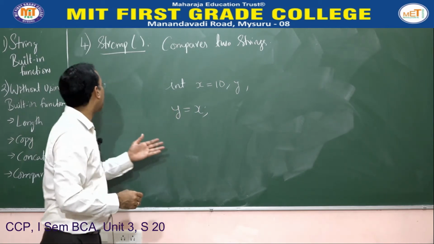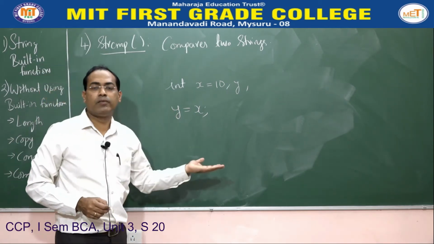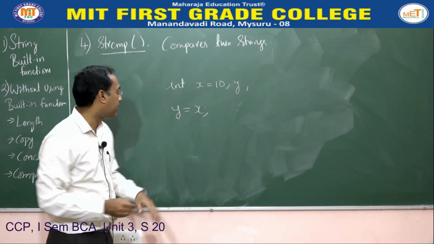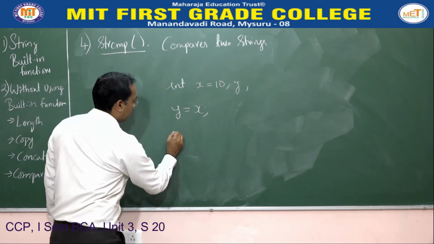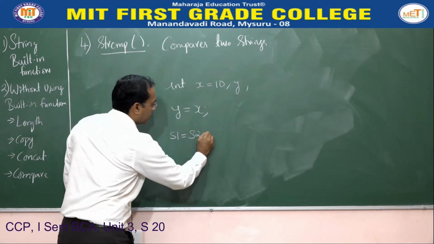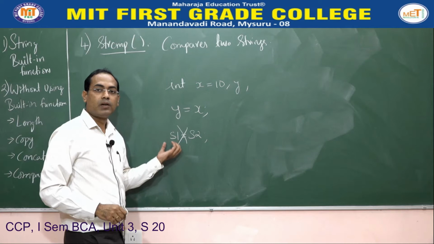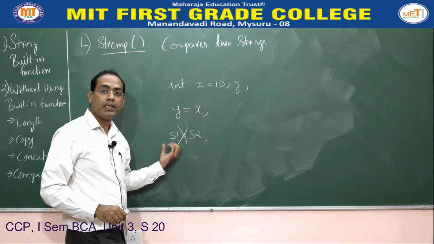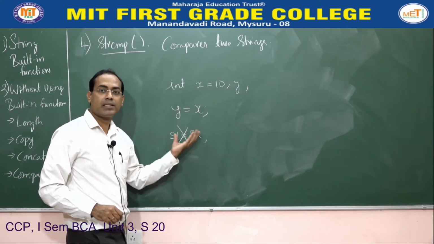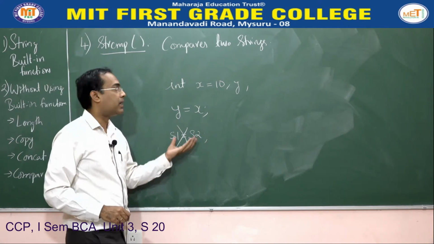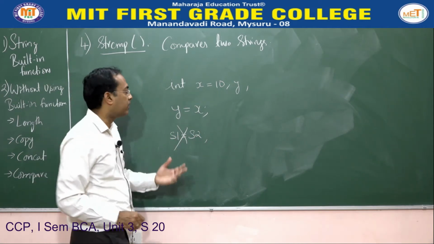So that is the reason I have to use the string function called strcpy. I cannot say s1 is equal to s2 in the case of strings, because you are not copying a value, it is a sequence of values. There has to be some way to copy. So for that you have to use the built-in function.